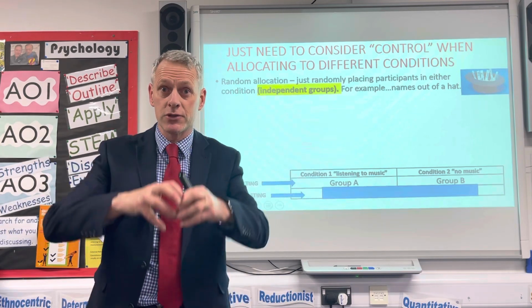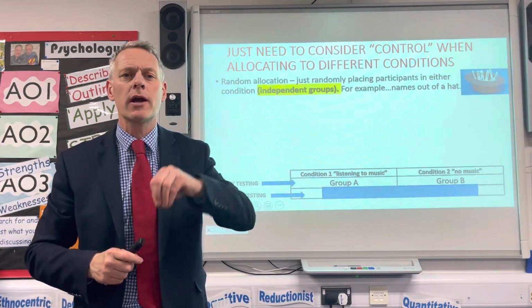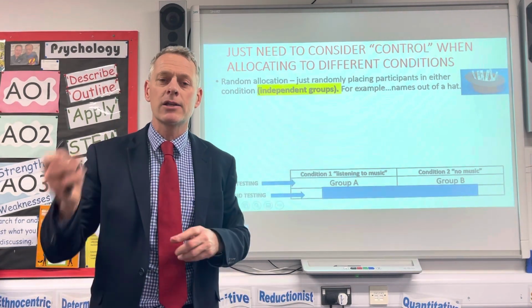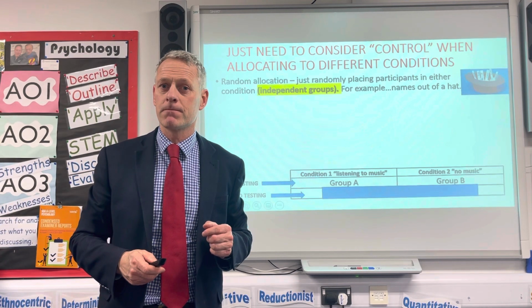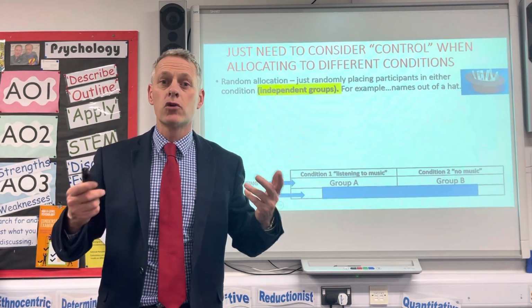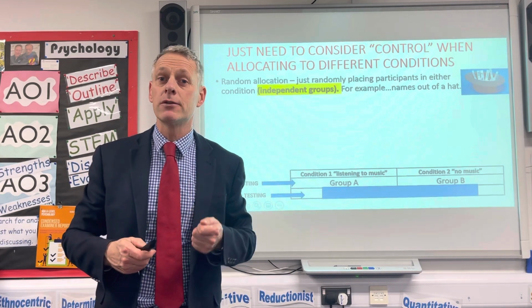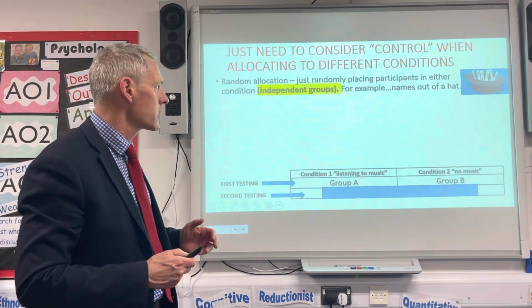All my participant names are in the hat. I draw out a name, they go in condition A. I draw out the next, they go in condition B, and so on until all the participants are in either condition. Okay? If it was a big group for random allocation, of course we'd probably use something like a random number generator piece of software that would do that job for us.